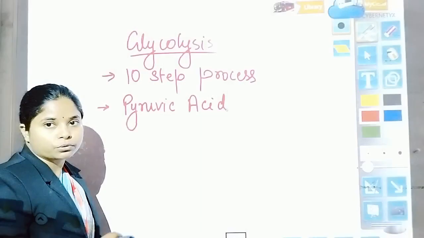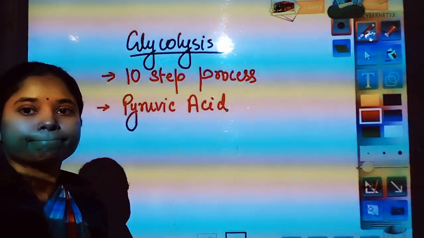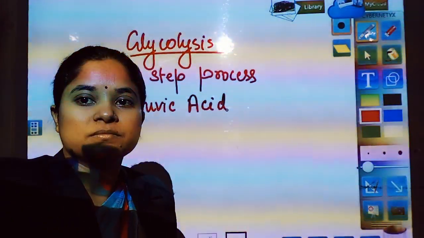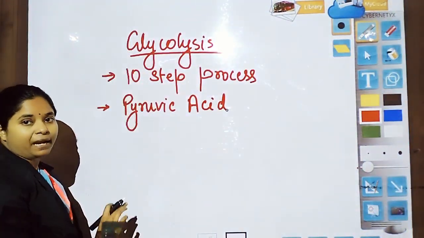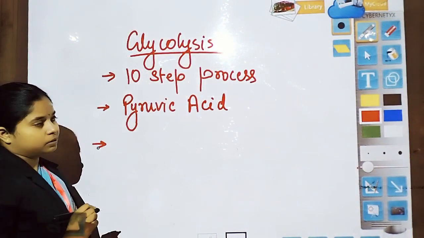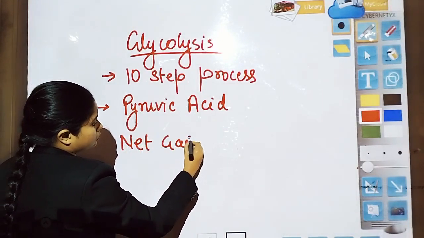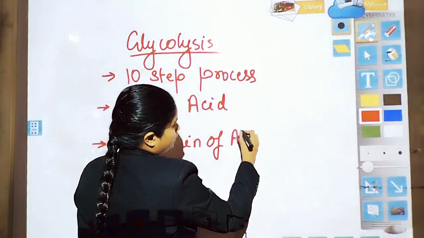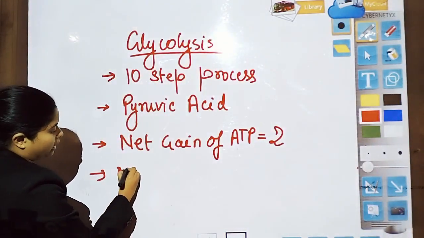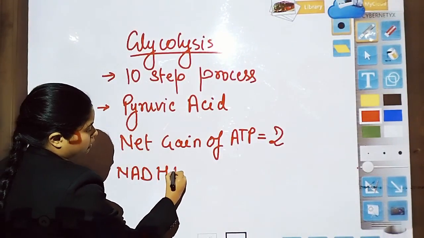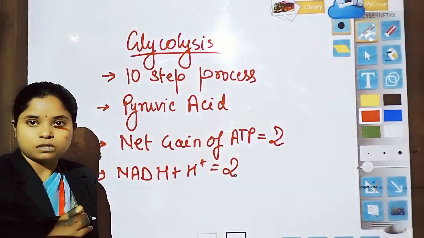The net gain of ATP is equal to 2, and NADH plus H plus is equal to 2. So this is the summary of the glycolysis process.